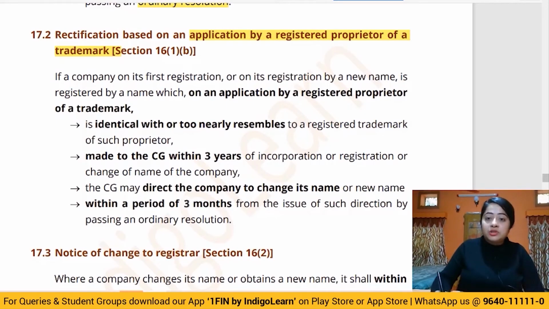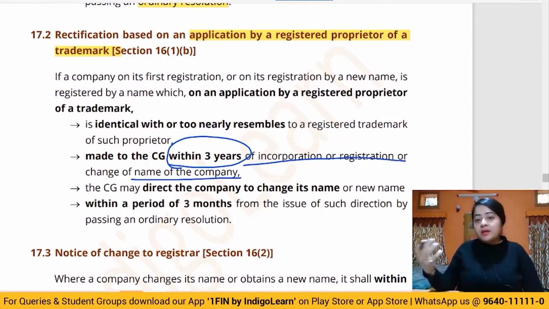But the most important thing here is that they can only send an application within 3 years of incorporation of that new company. Within 3 years, this person with a registered trademark can make an application to the central government stating that this company's name is very similar to our company's name, so please ask them to change their name.